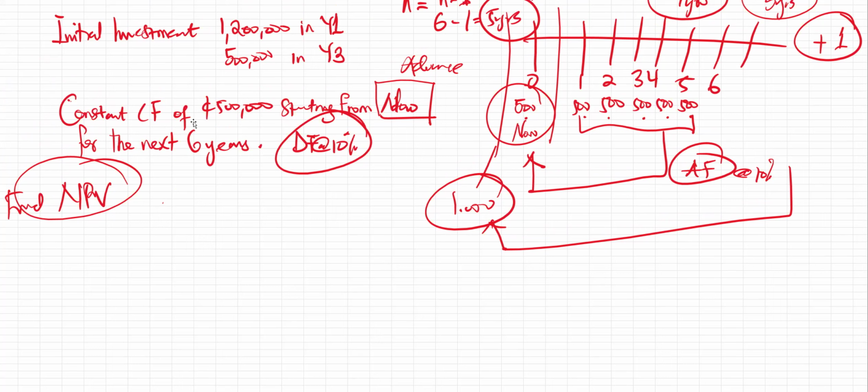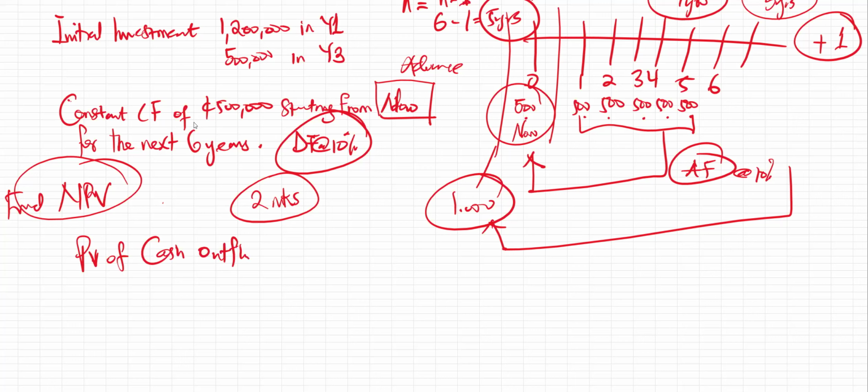Spend 2 marks and the time you spend is also important. So, present value of cash outflows. What did you get? Your time is up. What did we get?